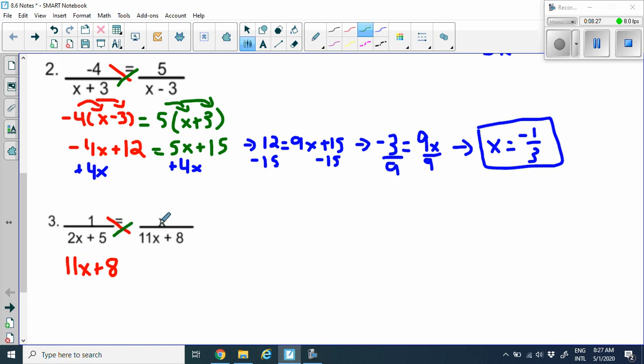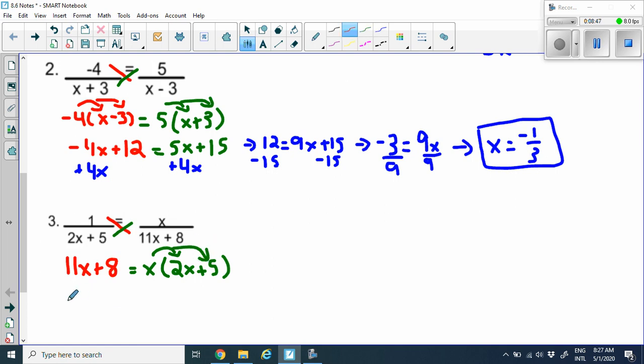Now we're going to do x times 2x plus 5. Okay, this one we do need to distribute, so we have an x, and we're going to multiply by 2x and 5.